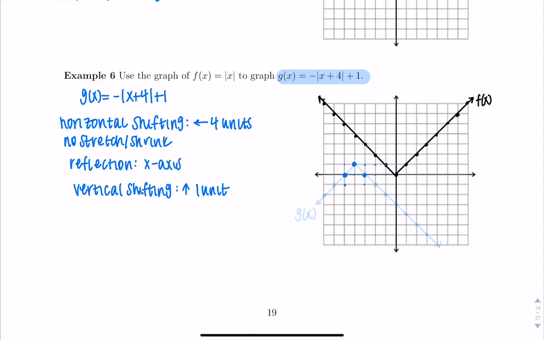And so once you get the idea of these shapes, you'll see that where the rest of them need to fall. And so my transformed graph looks something like this.